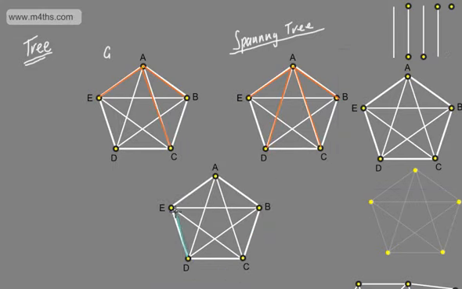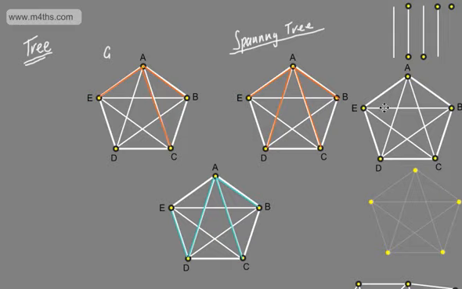So for example, this right here, let's do that. Let's go that way. And you can see I've got a whole host of choices. But as soon as I do that, that is no longer a tree, as there is a cycle, and the cycle is ADC.